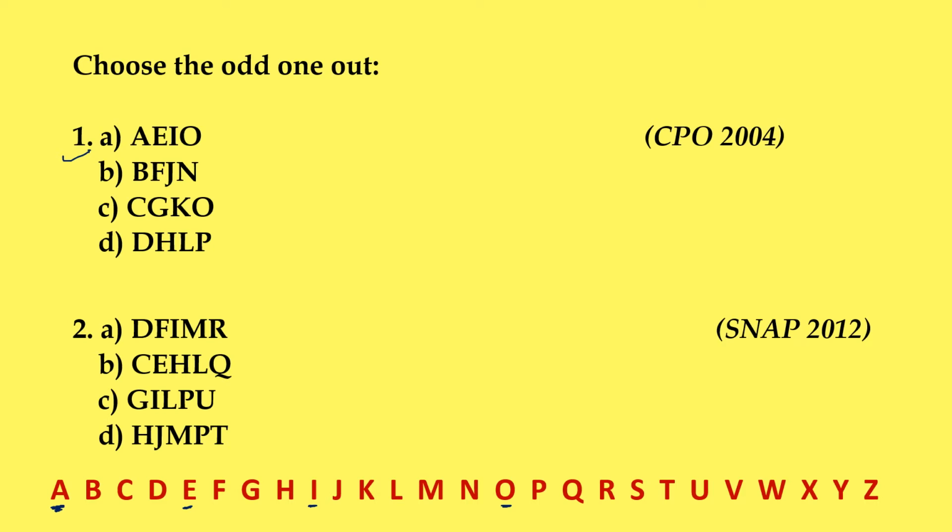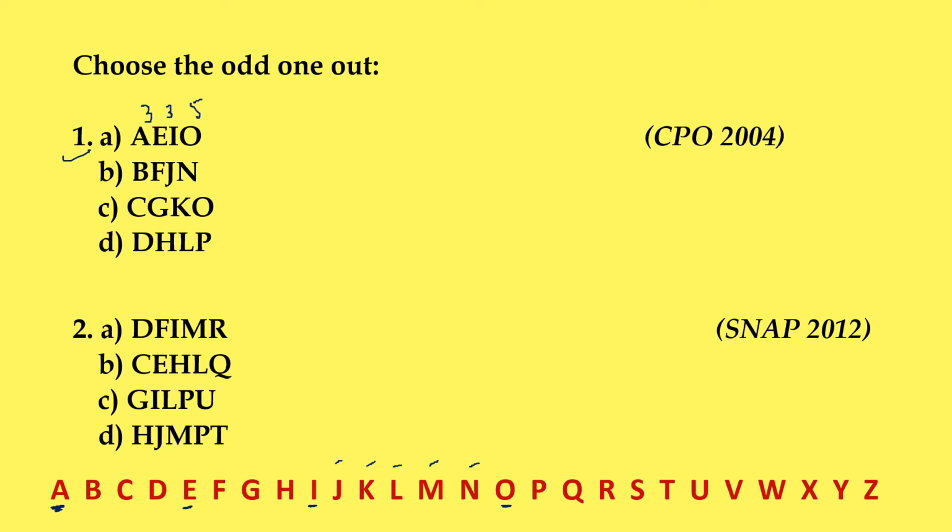So let us see what the difference is. Between A and E, there are 3 letters. Between E and I, again there are 3 letters. And between I and O, we have 1, 2, 3, 4, 5 letters. So there is a difference of 3, 3 and 5.